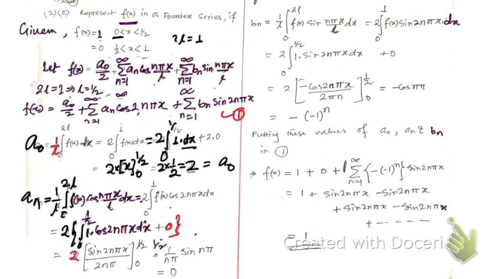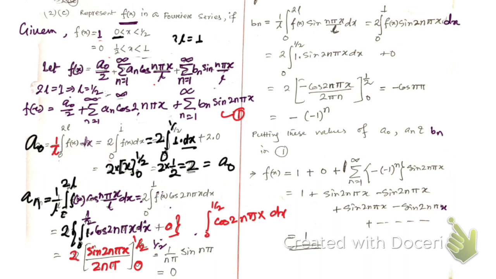And if you integrate from 0 to half cos 2n pi x dx, then you should get sine twice n pi x divided by twice n pi, right? Here we are integrating it from 0 to half.